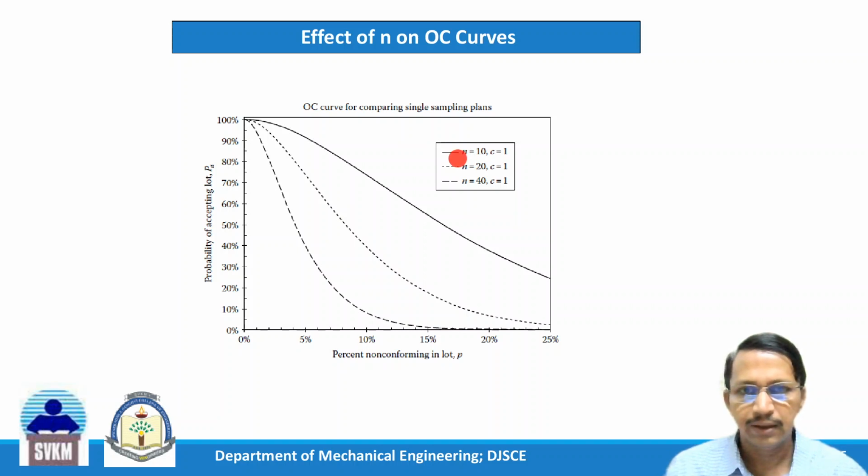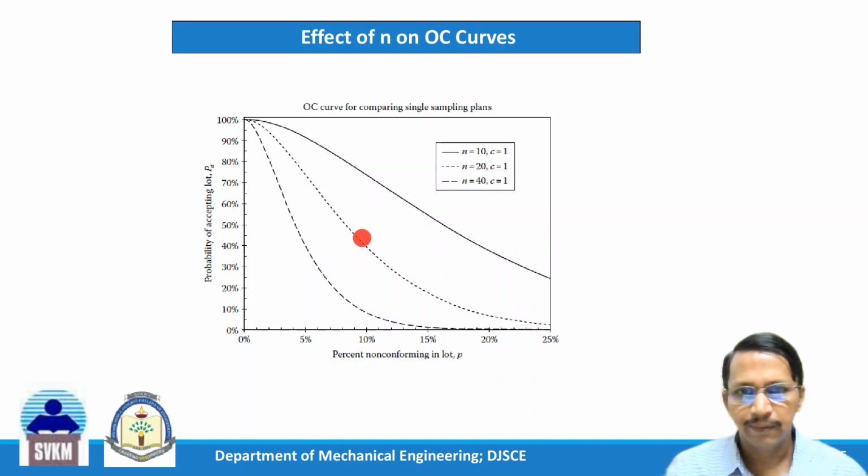You can see this is the ideal line, or a continuous OC curve. This curve is for sample size 10, acceptance number 1.